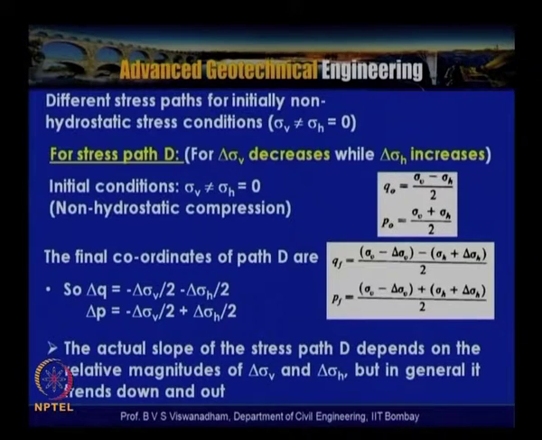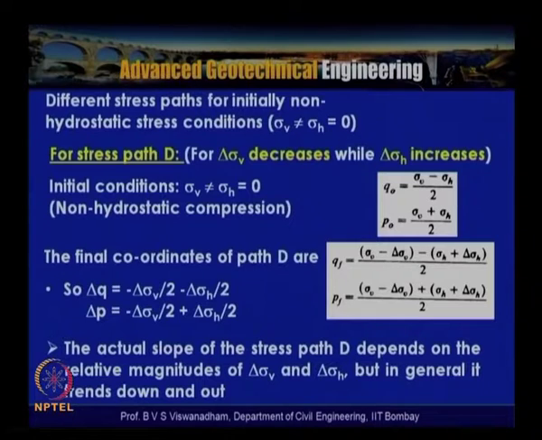The delta sigma V is decreasing, so we can write the final coordinates of the point D as QF is equal to sigma V minus delta sigma V minus sigma H plus delta sigma H, because delta sigma H is increasing here, divided by 2.